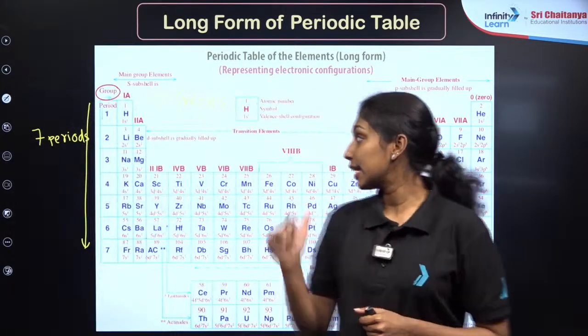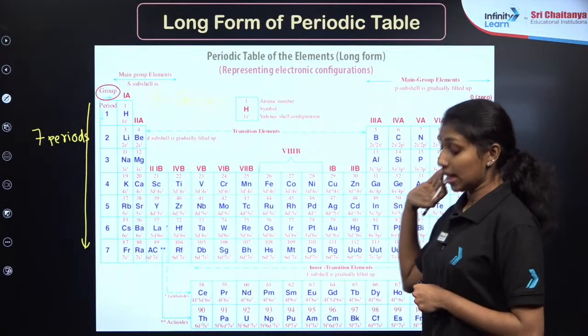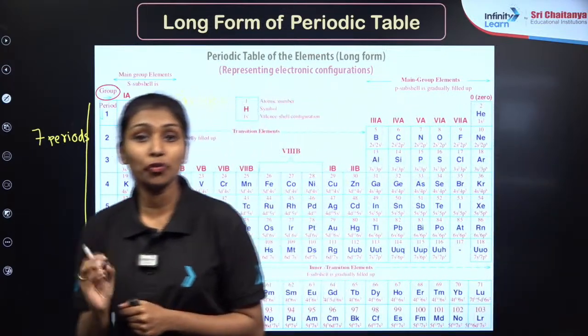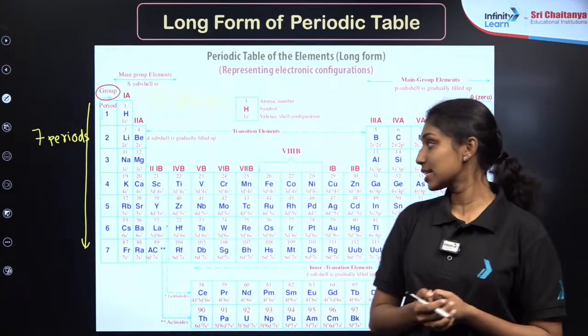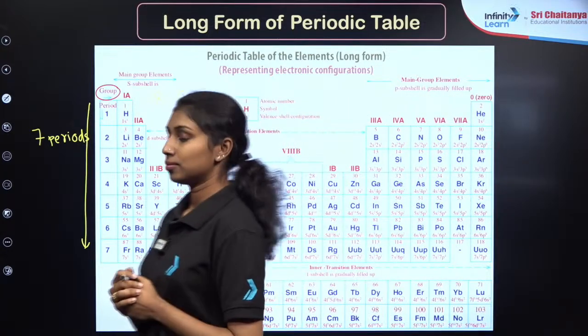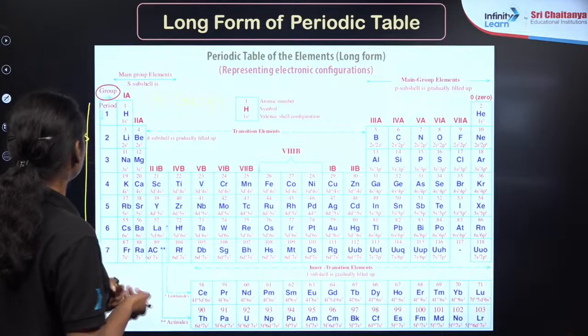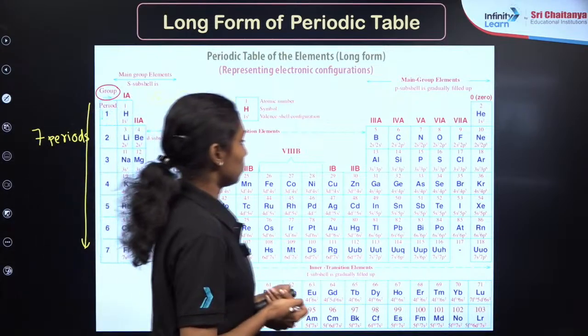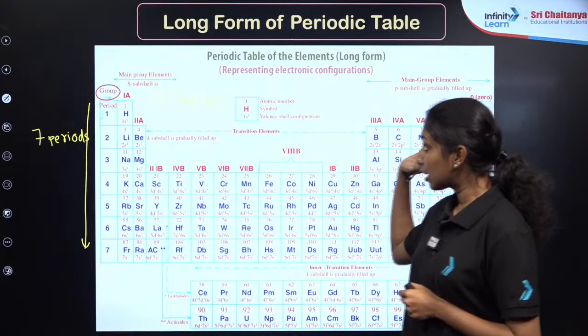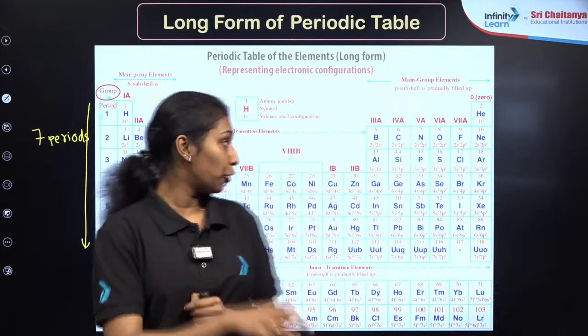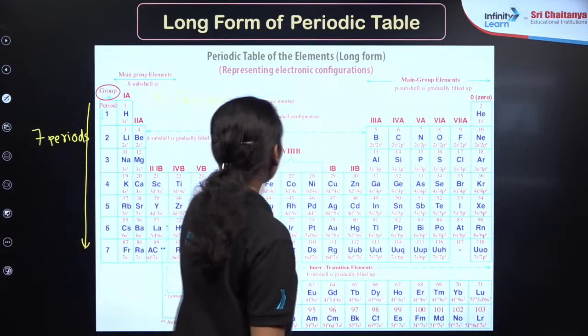As you can see over here, these elements are arranged according to their increasing order of atomic number, or it can be arranged based on their electronic configuration, right? When we move very deep into the periodic table, we can see that there will be different periods, right?